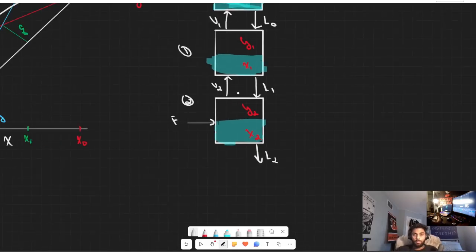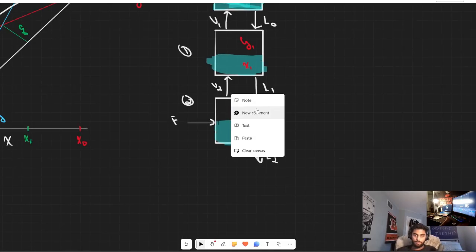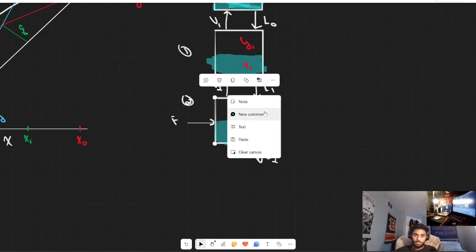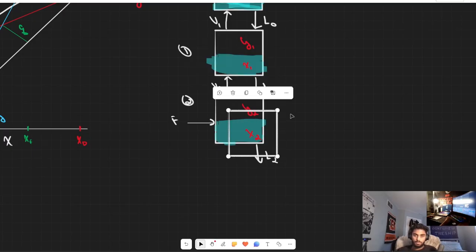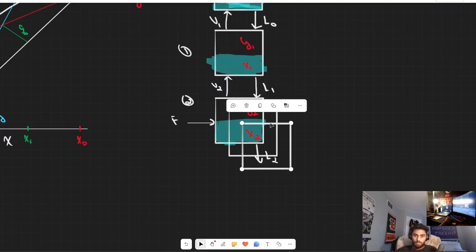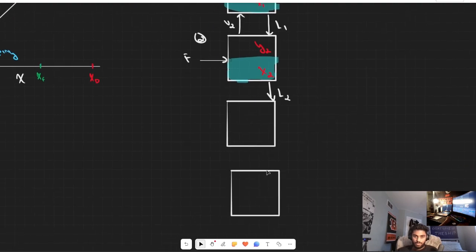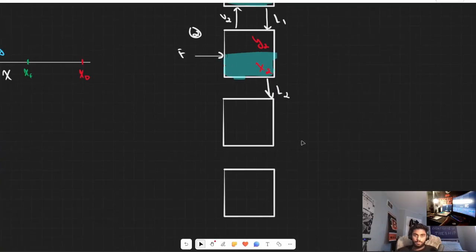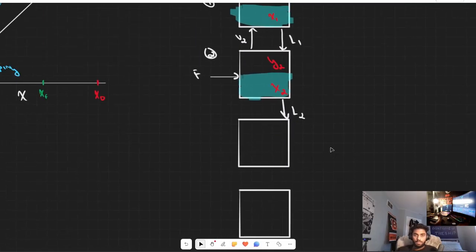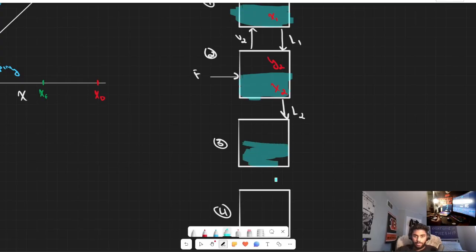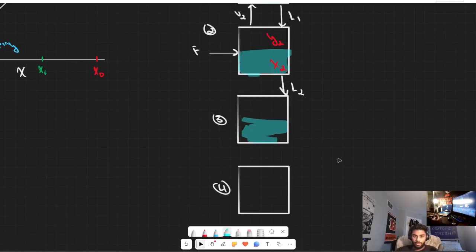We just got to stay consistent with that. So I'll add a couple more stages really quick here. Let's do it this way. I think this might be quicker. There, stage 3. And let's just do a stage 4. I think that's good enough. So these similarly have their liquid phase and their vapor phase.